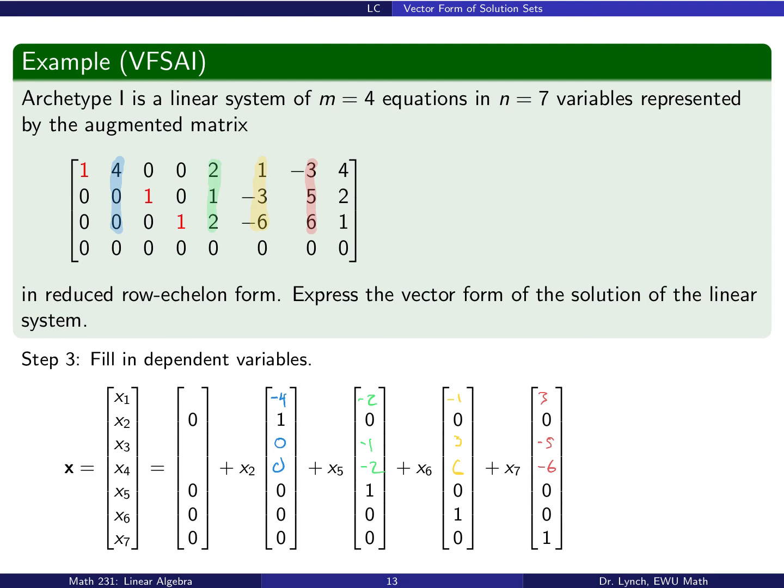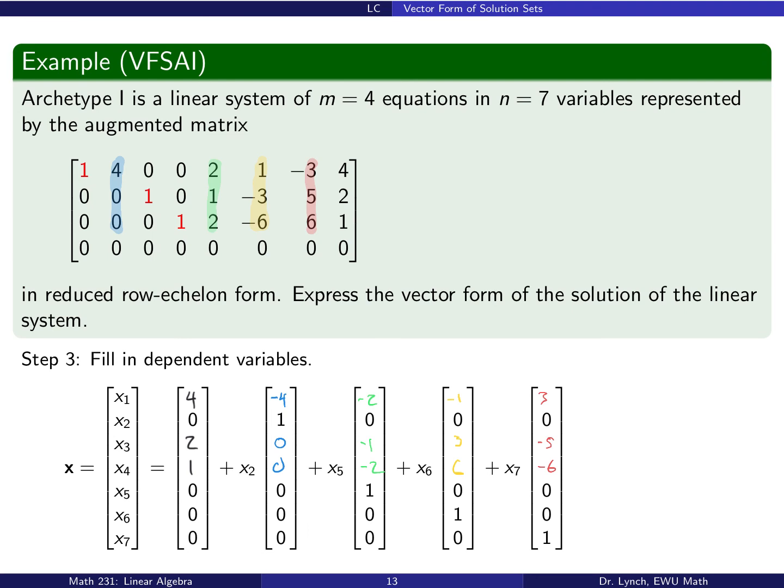Okay, and finally we can fill in the vector of constants. Okay, cool. So there is our vector form of the solution of this linear system, again expressed as a linear combination of n minus r, which in this case equals 4 vectors plus one more.